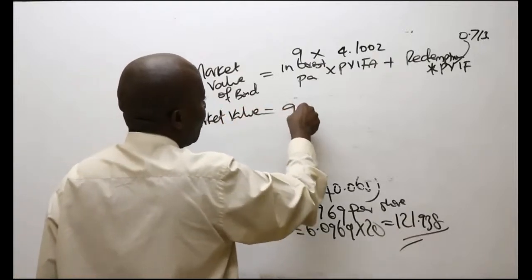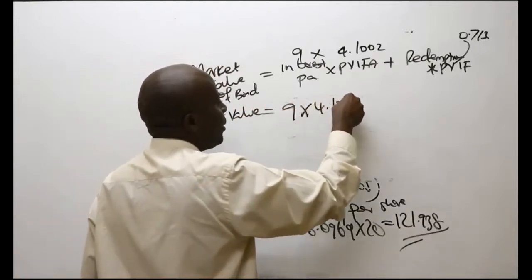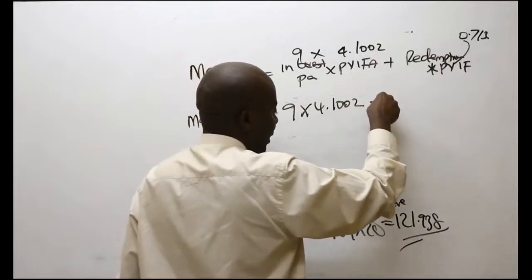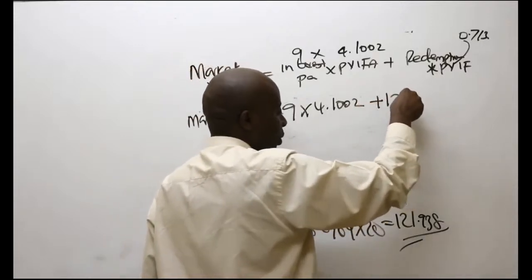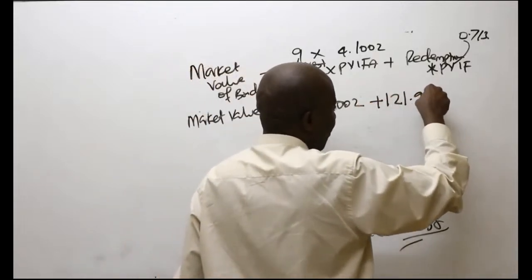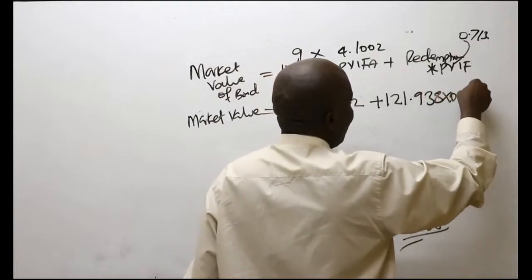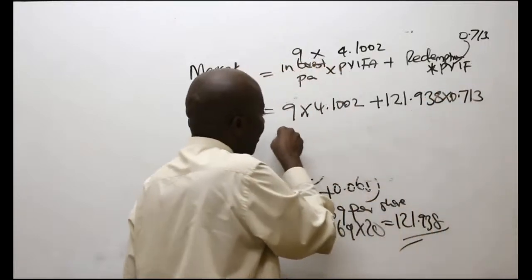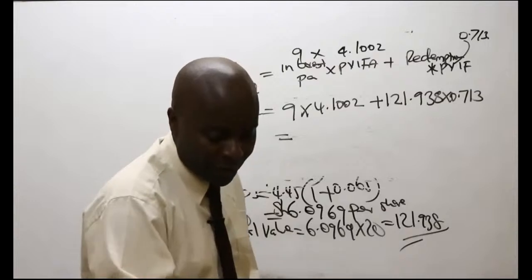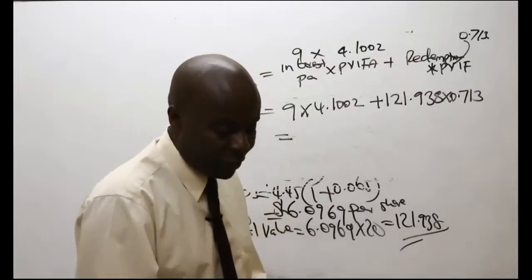as interest, which is 9 times 4.1002, plus the redemption value, which you have settled on this figure of 121.938, times 0.713. So what do we have at the end of the day?